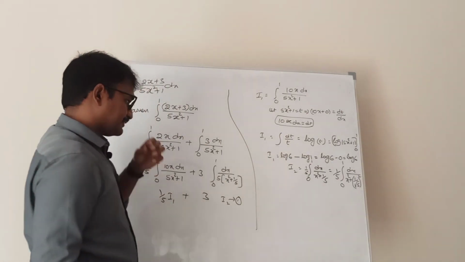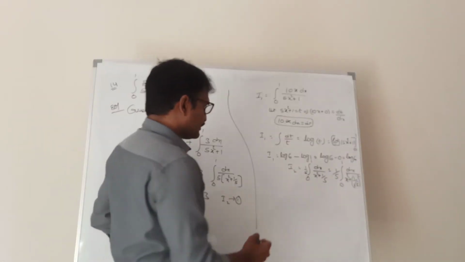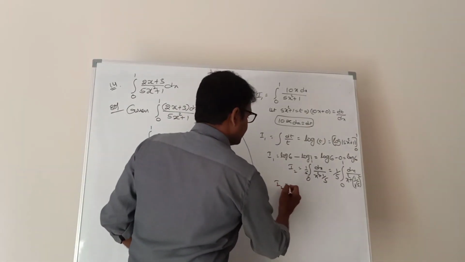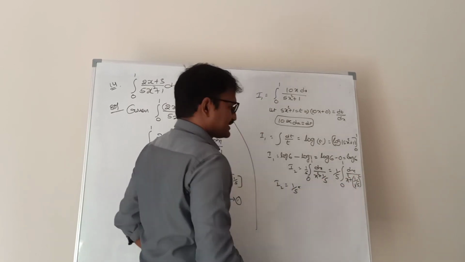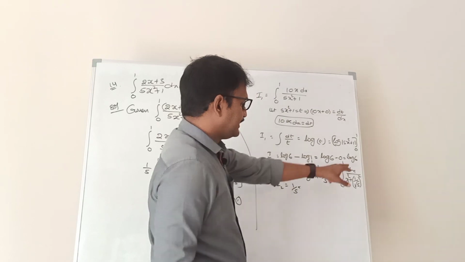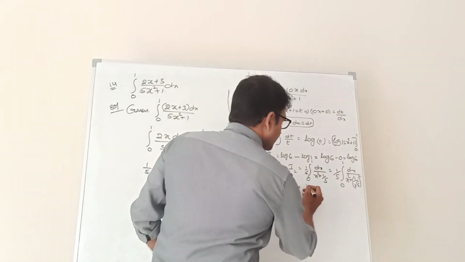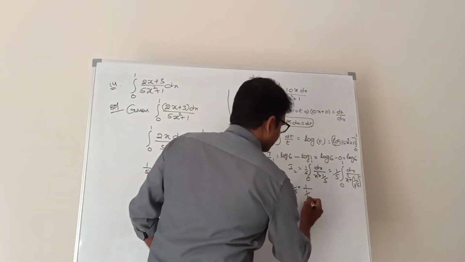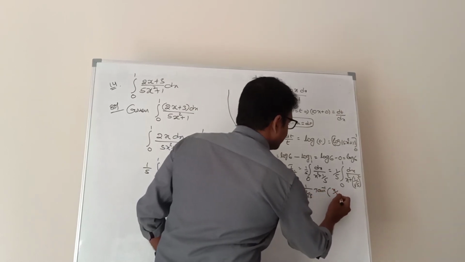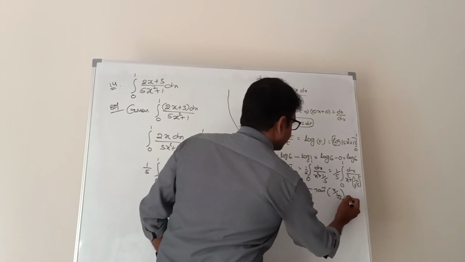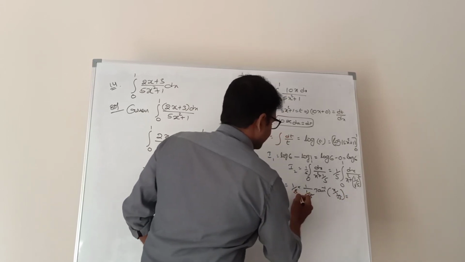We can write it like this, since 1 by 5 means 1 by root 5 whole square. So I2 is 1 by 5 into, this is in the form of x square plus a square. The integral of dx by x square plus a square is 1 by a into tan inverse of x by a. So the root 5 gets cancelled.